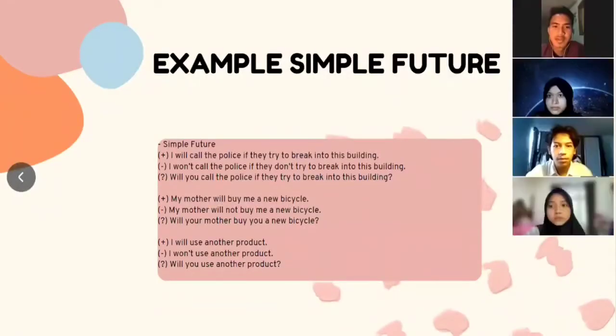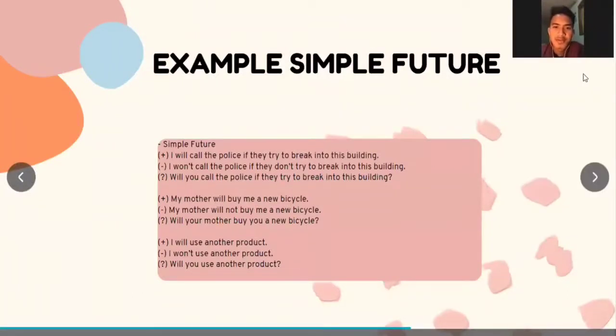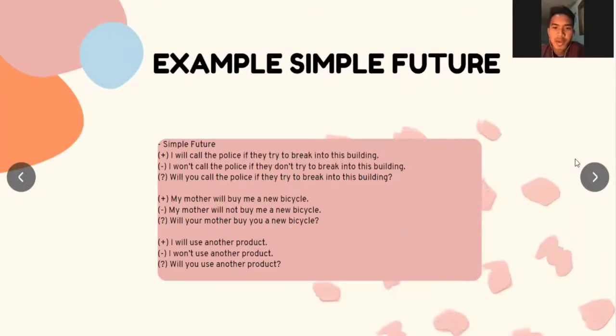Simple future. Example. Positive. I will tell the police if they try to break into this building. Negative. I won't tell the police if they don't try to break into this building. Interrogative.